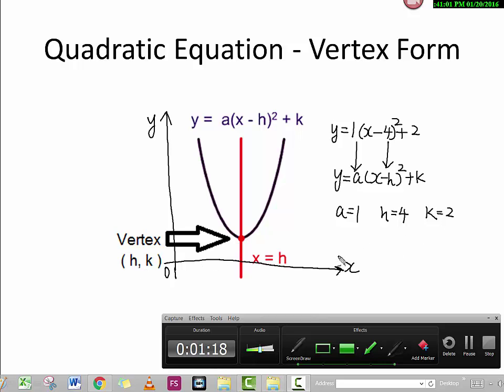So the axis of symmetry is going to be x equals h, so x equals 4. So we know the coordinate here is 4. And the vertex is going to be the point 4 and 2. This is the vertex. The y value of the vertex, of course, is 2 right here.